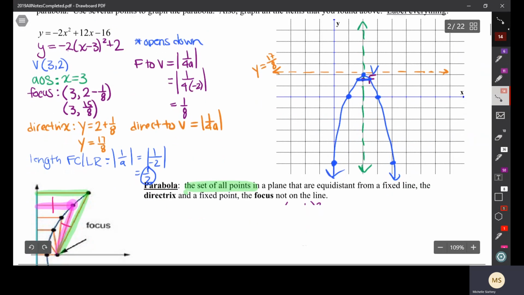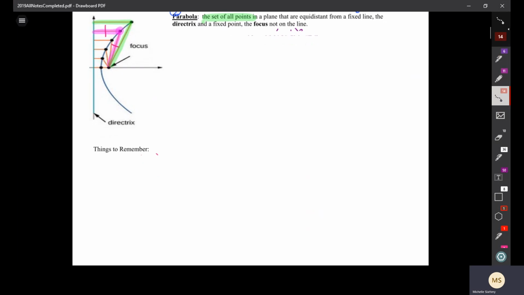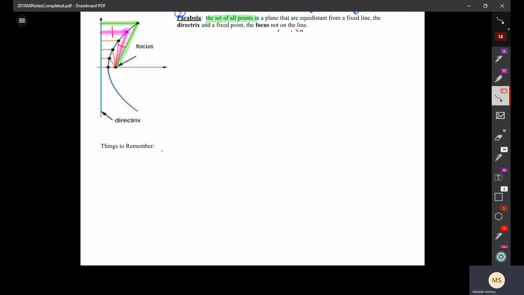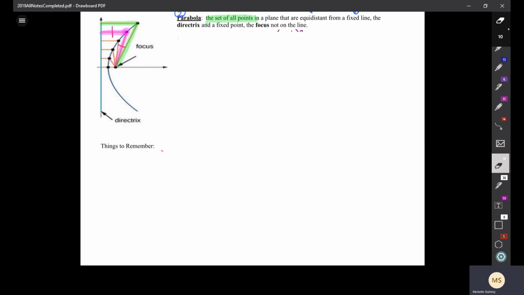So remembering what you learned from Algebra 2, to fill in all of these blanks, we can see the definition of a parabola here: a set of all points in a plane that are equidistant from a fixed line, the directrix, and a fixed point, the focus. What you can see is that the 2 purple segments are congruent.